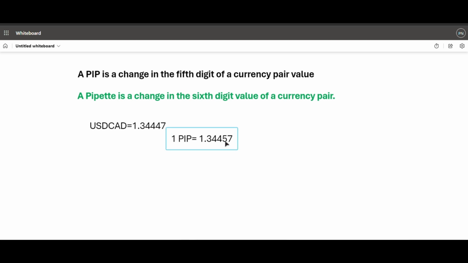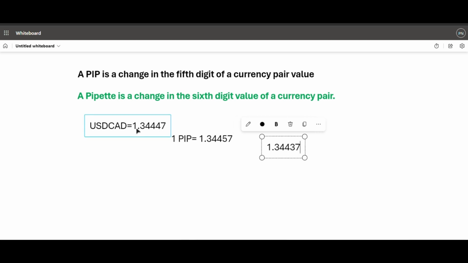If you have a change going upward or downward, in this case, the pip movement went upward. It moved up by 1 pip. It can also move down by 1 pip, which will be 1.34437 from this original one.